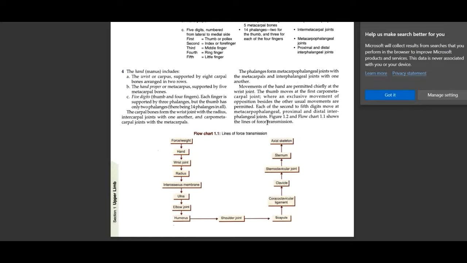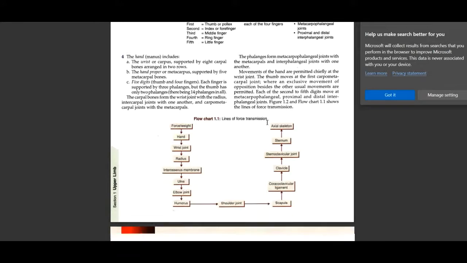Movements of the hand are permitted chiefly at the wrist joint. The thumb moves at the first carpometacarpal joint, where an exclusive movement of opposition, besides the other usual movements, is permitted. Each of the second to the fifth digits moves at the metacarpophalangeal, proximal and distal interphalangeal joints.